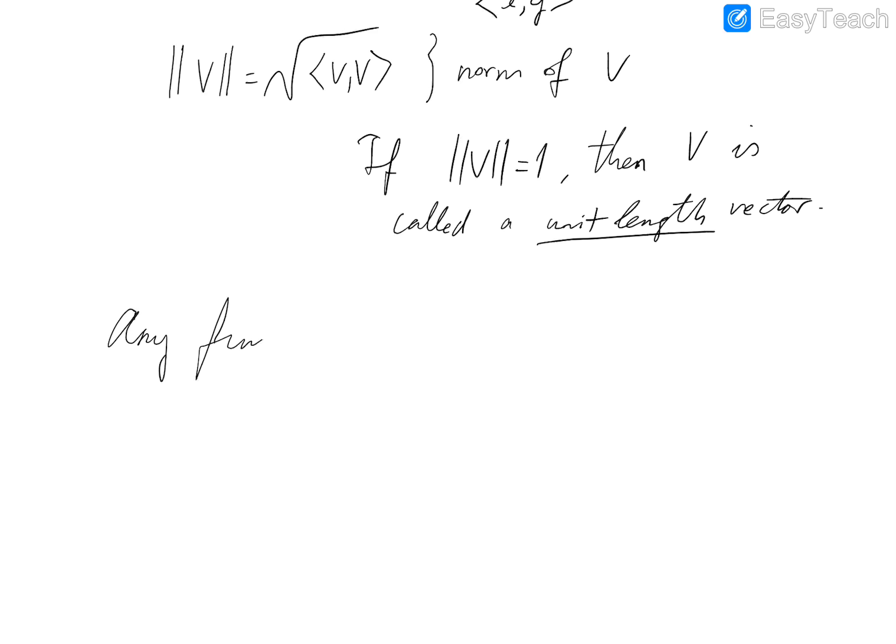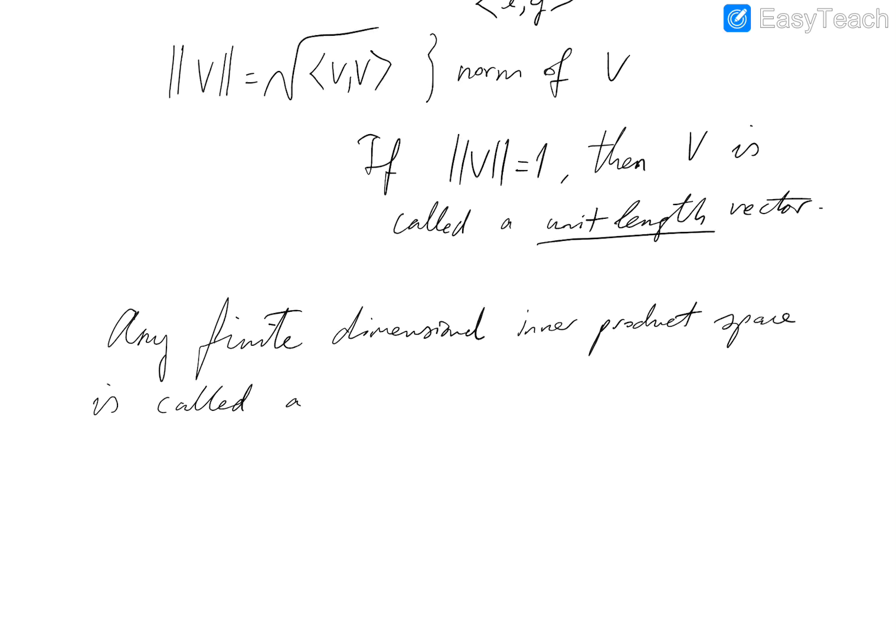Any finite dimensional inner product space is called a Hilbert space.